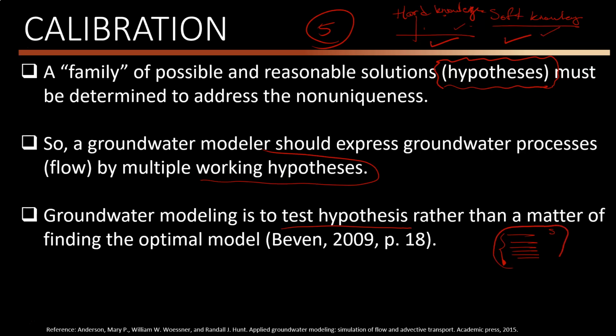It is good to represent the system using a group of hypotheses, or we can discard the other models and hypotheses which are out of this group, which is important.